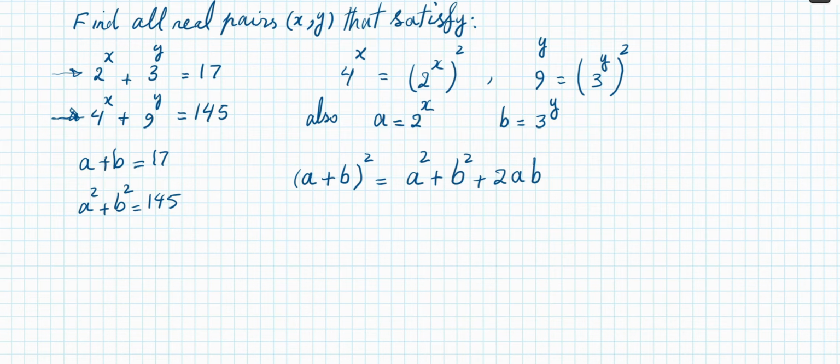And we use this identity to find the product of ab, because here I have a plus b, which is 17, squared, equal to a squared plus b squared, which is 145, plus 2ab. So from here we find that ab is 72.